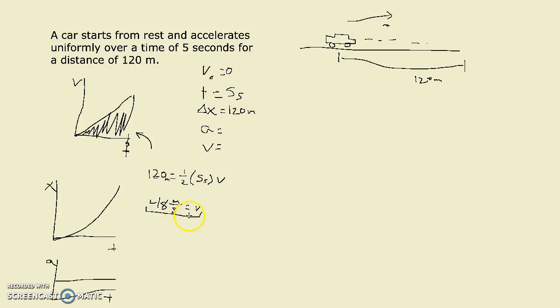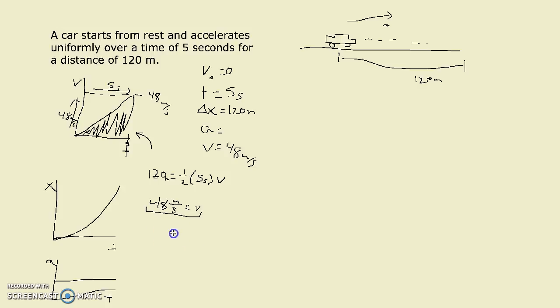Now that we know that this is 48 meters per second, we can go ahead and find our acceleration. How do you think we should find our acceleration using our graph? We could find it by finding the slope. So we rise over run: we go up 48 meters per second over 5 seconds.